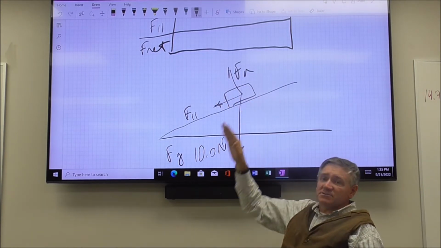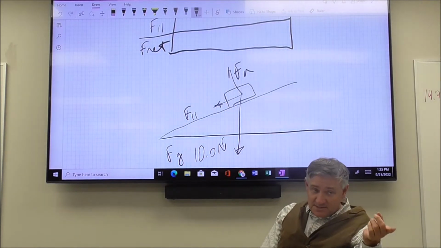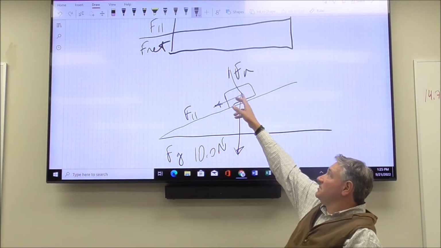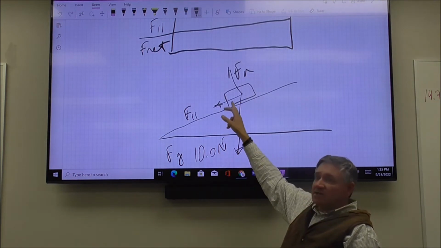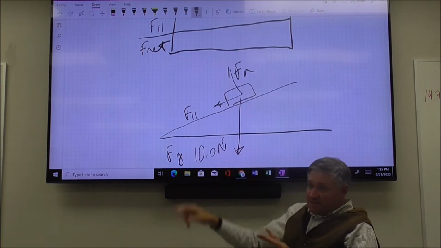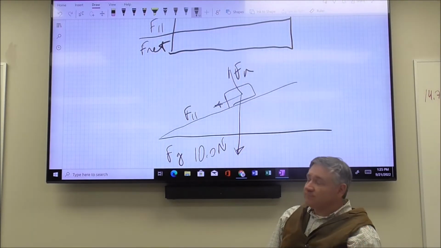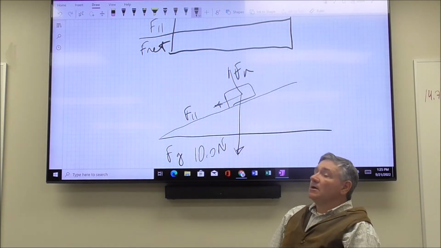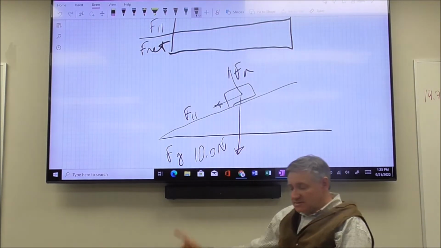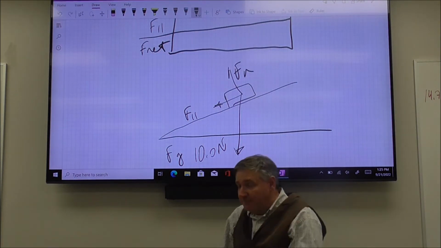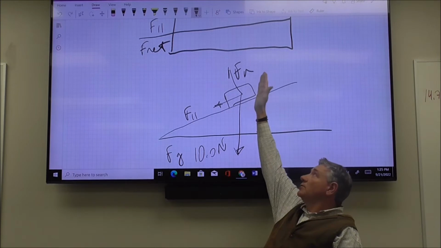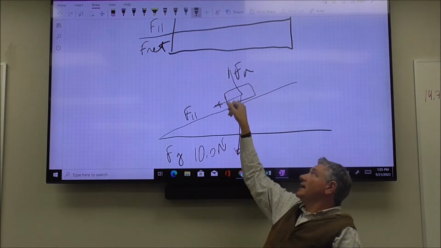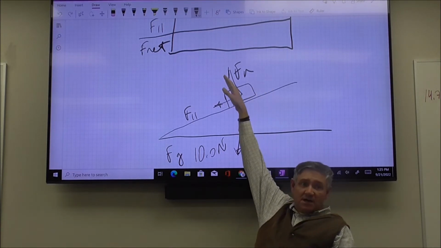But here's what's going to be important, and y'all are going to draw these on the assignment today. So listen to me. Your force parallel always acts, oddly enough, parallel with the surface, downhill. No exceptions. Your normal force, and this is the one that kids tend to screw up, does not act straight up. Your normal force acts at a right angle to the surface and points out this way.